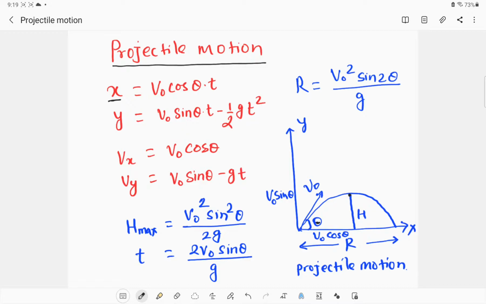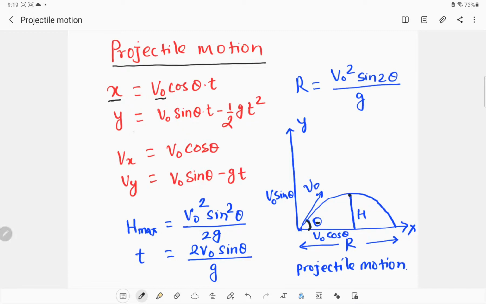This x coordinate at a certain point of time after launching the projectile is given by the initial velocity of the projectile, that is, at time t equal to 0, the velocity at the beginning, v naught, cos of theta, this angle theta, multiplied by time. So this expression gives you the x coordinate of the projectile motion.